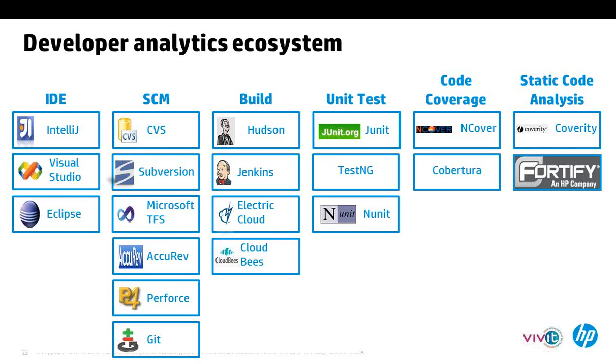And you can see the leading IDEs, the source code management systems, the build systems, even the static code analysis that you do today with Coverity, or even static security analysis that you do with Fortify. That information can be shared within the application lifecycle intelligence technology to be part of the ALI reports that provide us the insight and the visibility to change that's happening on an ongoing basis.